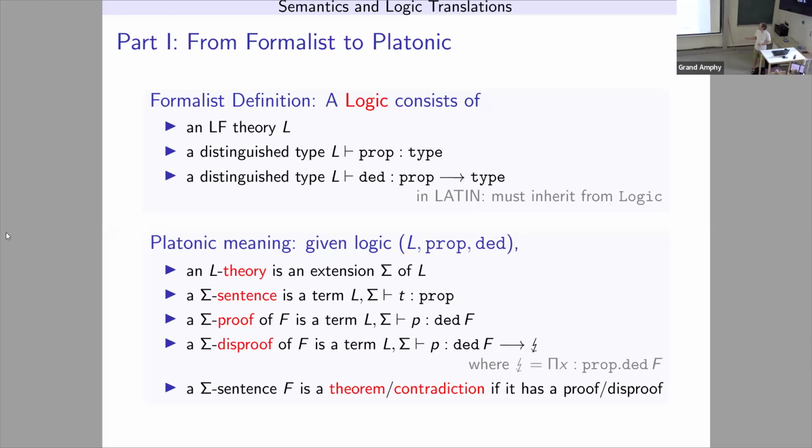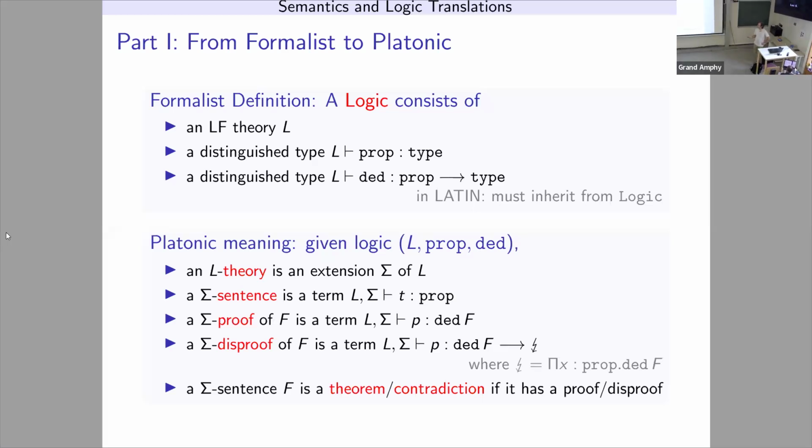Or if L is higher order logic, then sigma has to do things like declare a couple of base types, declare a couple of typed constants, and again declare some axioms. So there's still some degrees of freedom in exactly what declarations we're allowing, but for now the easiest thing to say is that all of these extensions where we just add some declarations to the logic, those are our theories.